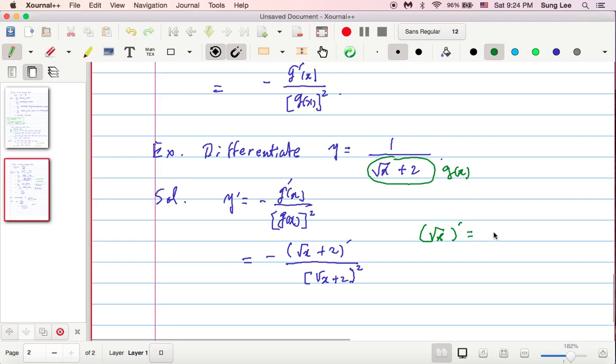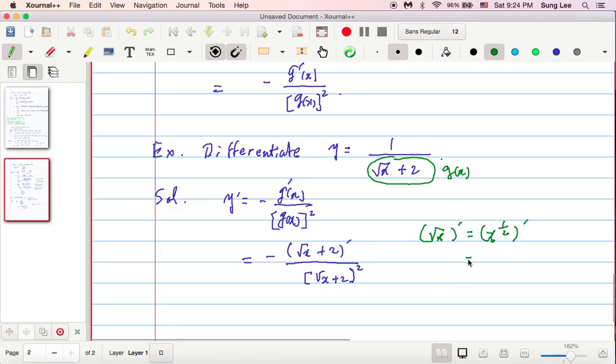First, you have to write this into a form where you can apply the power rule. In fact, the square root of x by definition is x to the power 1/2, prime.